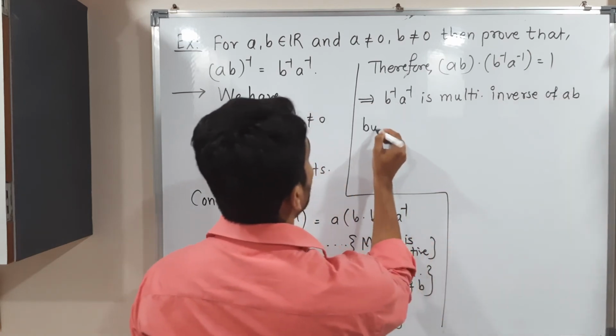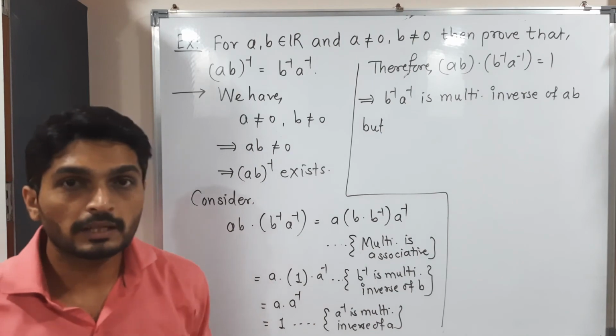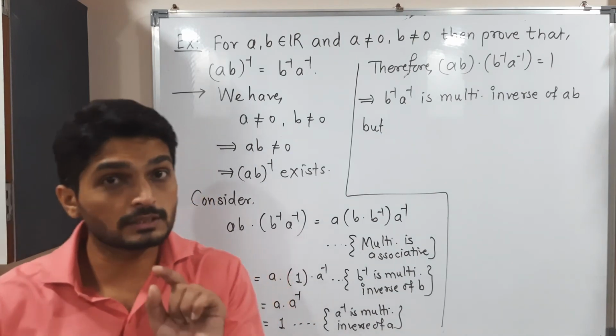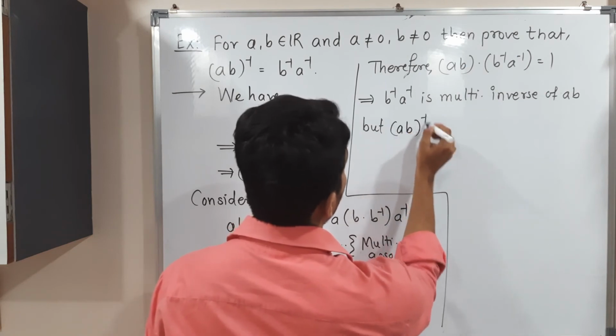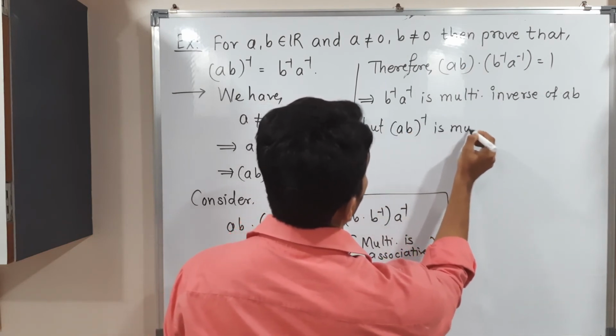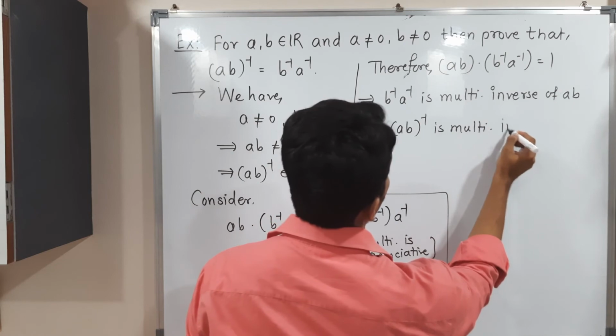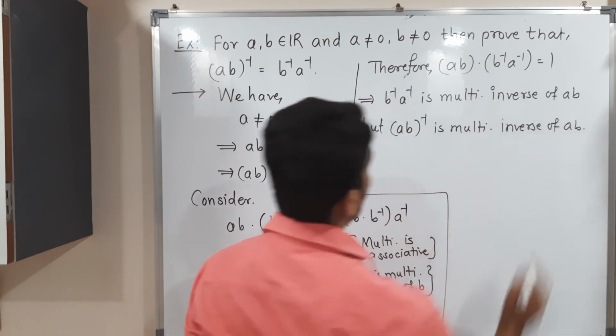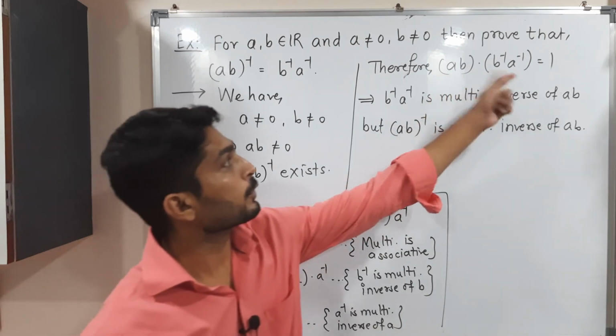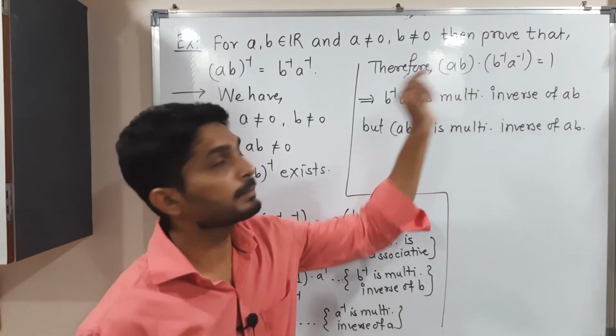But what is the actual multiplicative inverse of ab? ab bracket inverse. This is the actual multiplicative inverse. Getting my point? We have got their product is 1, so that's why this one is a multiplicative inverse of ab.